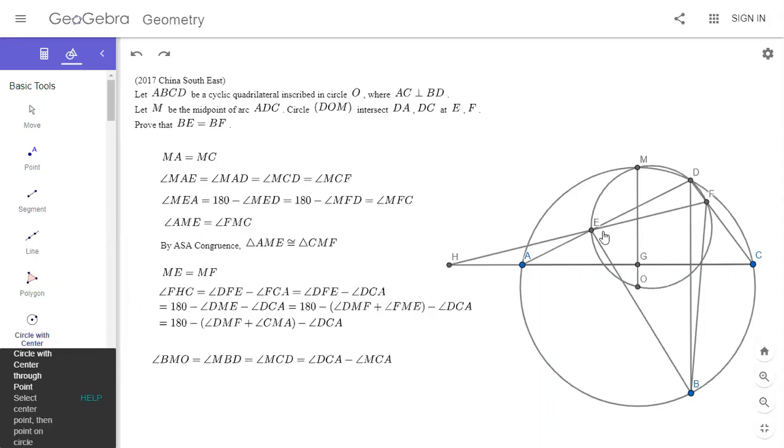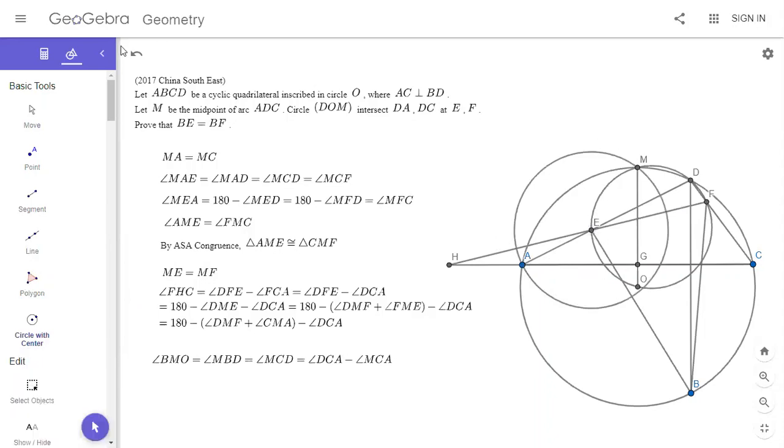But basically it turns out that EA is equal to EM, and FM is equal to FC, which I didn't realize earlier. But that seems pretty important, and I don't know why that's the case. Interesting.